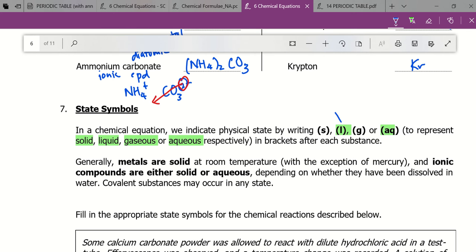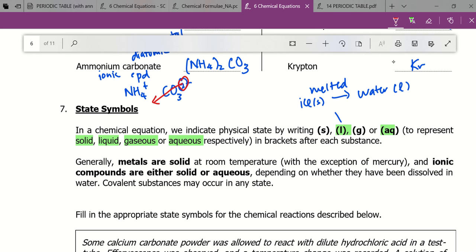Liquid is when a substance is melted, for example. If I have ice and it melted to form water, we will know that water is in the liquid state, whereas ice is in the solid state. So for liquid, it is when it is melted.